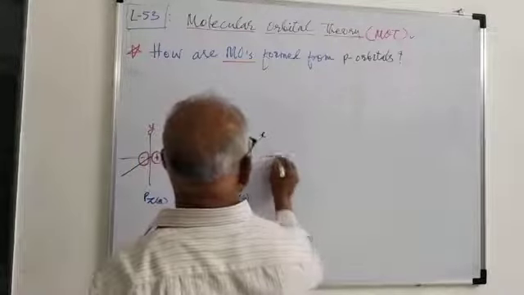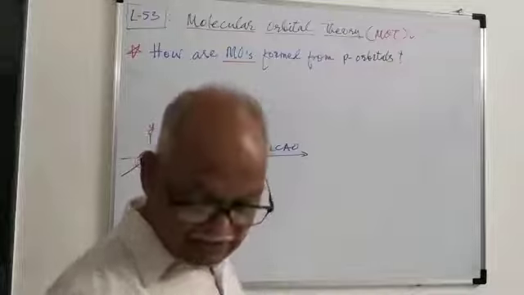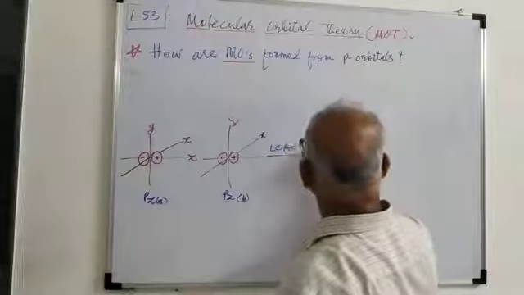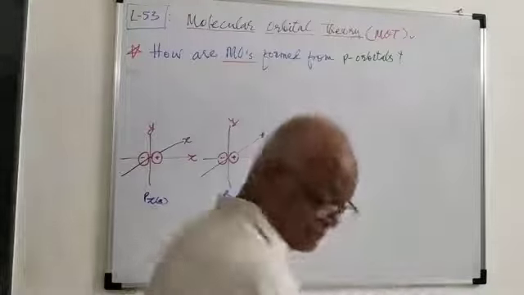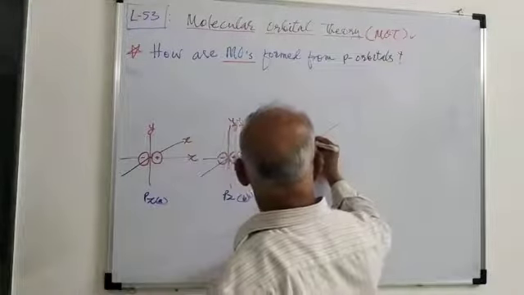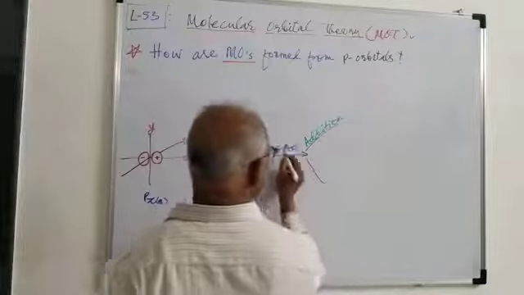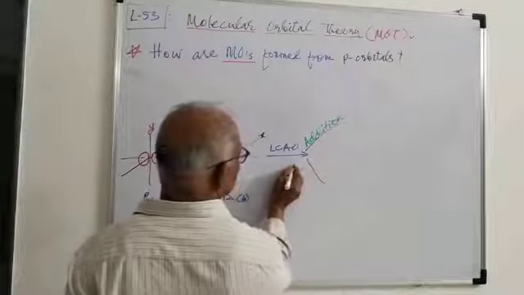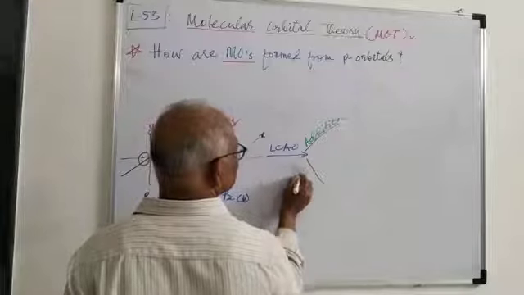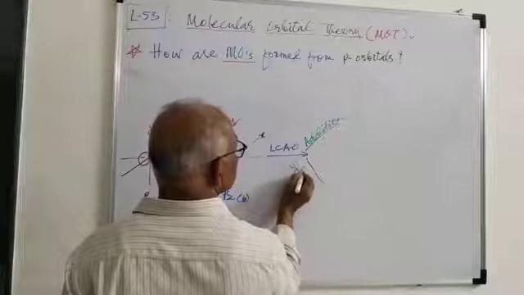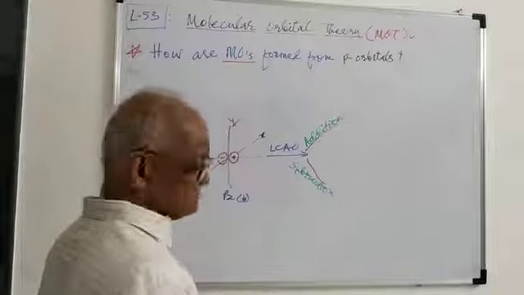After linear combination, LCAO, we will get addition type of overlaps. So this will give us addition type of linear combination, and this will give us subtraction type of linear combination.